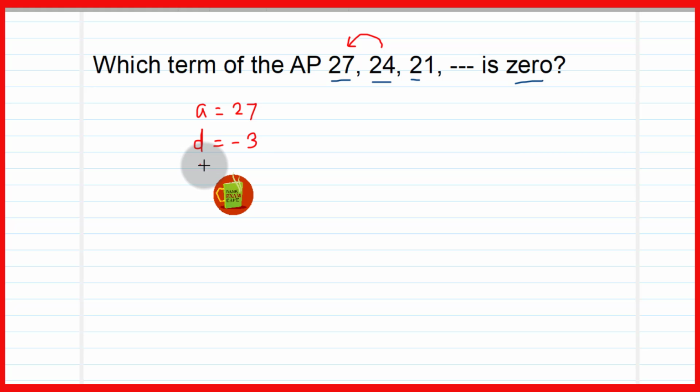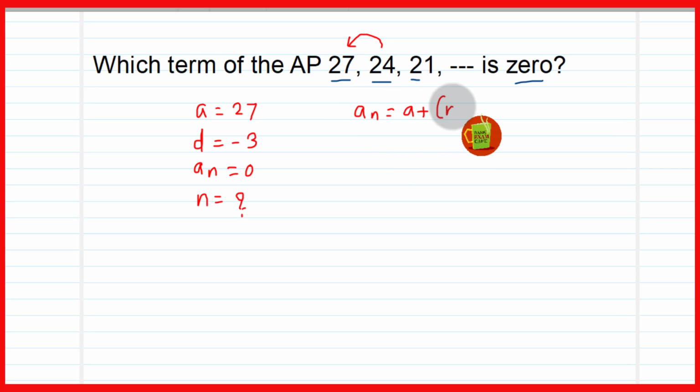And let the nth term be 0. So an is equal to 0. And we have to find n. So the nth term we are taking as 0. So here we know that an is equal to a plus (n minus 1) into d.